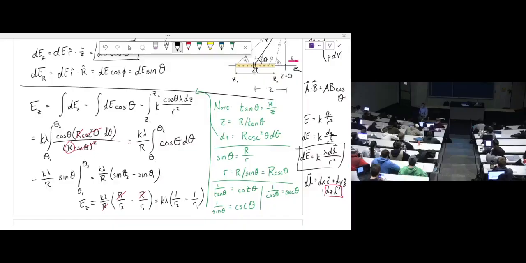And it will be up to you guys to figure out the values of R2 and R1, remembering that, for example, R2 would be the square root of Z2 squared plus big R squared, and R1 would be the square root of Z1 squared plus big R squared.